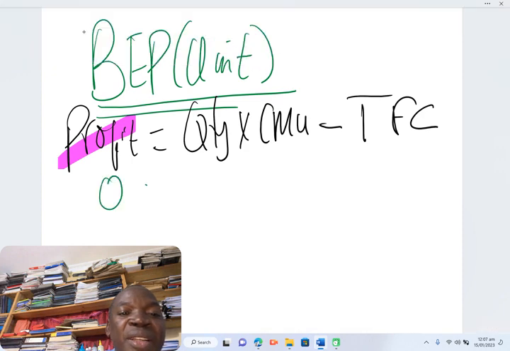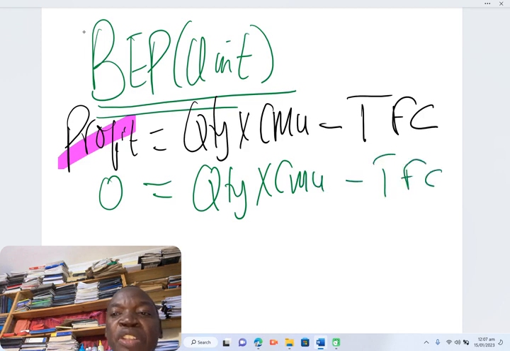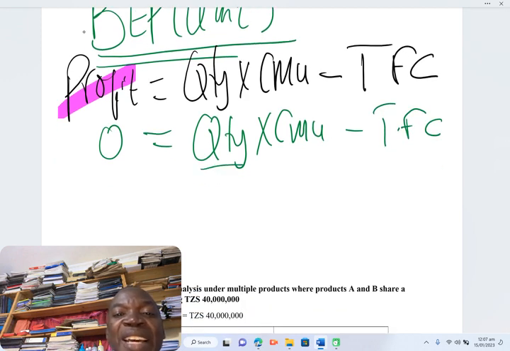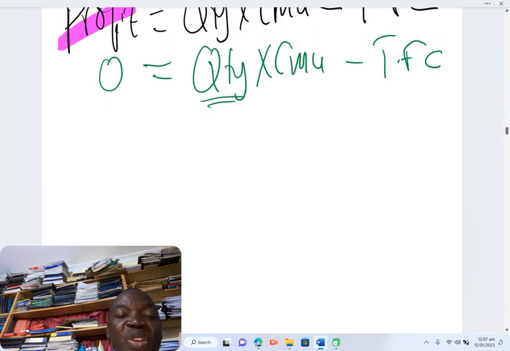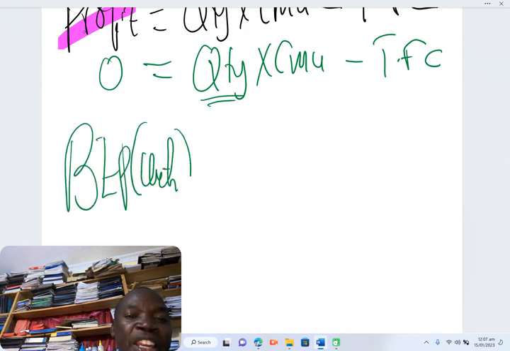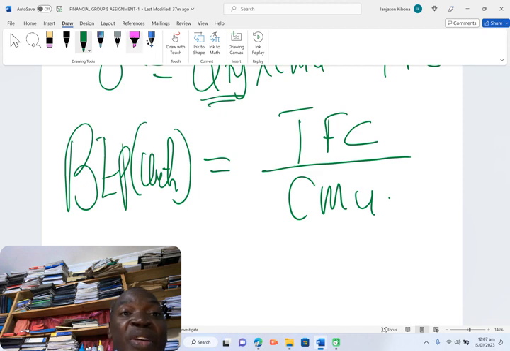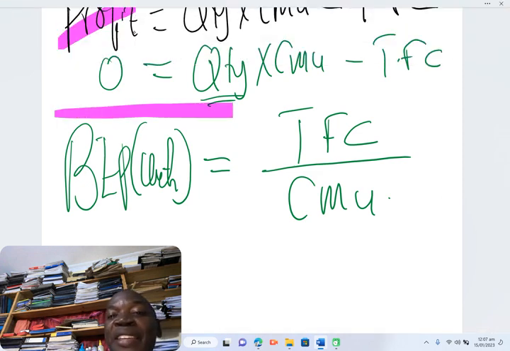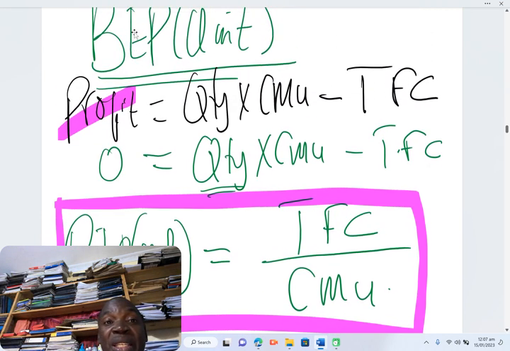So you put 0 here to have quantity times CMU minus total fixed cost. Now once you make this quantity the subject, we have a new name called BEP in units equals total fixed cost over contribution margin per unit. This is the formula you have been memorizing all the way.